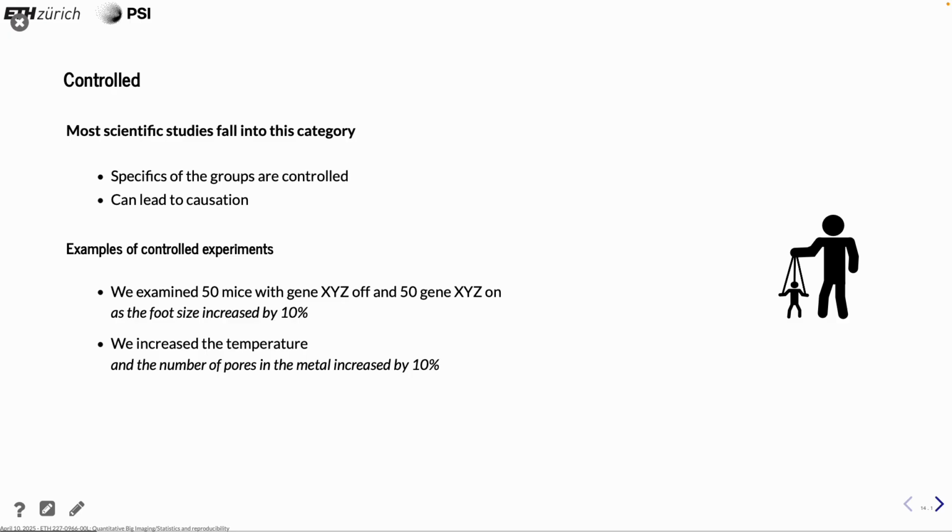And that can actually lead to causation, because if you introduce a factor, like in these examples, we have 50 mice where some gene is switched off, and 50 mice where the gene is on, and we can see that there is an increase of 10% in the foot size of one population. We can also say that if we increase the temperature of our batch, then the number of pores in the cast metal increased by 10%. Here too, we have done something in order to get an effect.